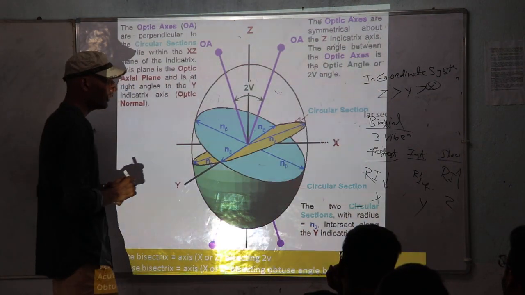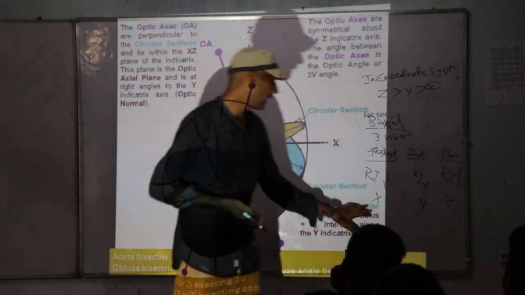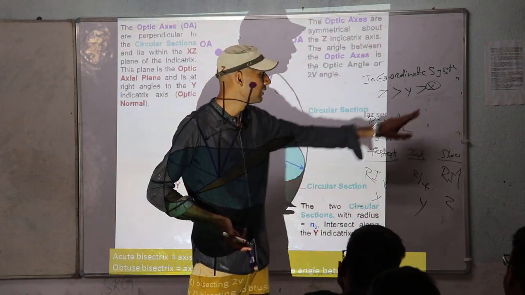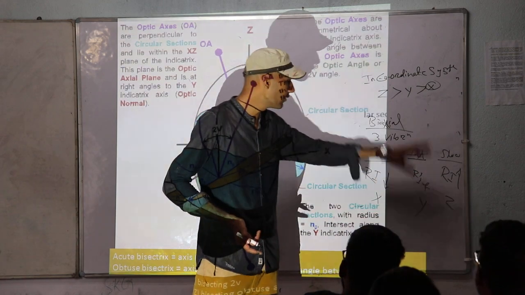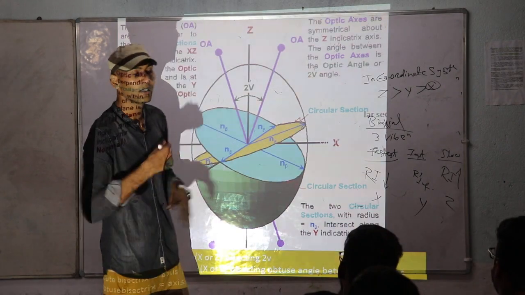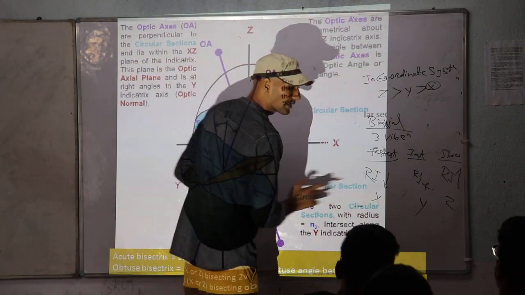So if we are drawing the indicatrix between X vibration, Y vibration, and Z vibration, you have to represent X vibration in the X coordinate, Y in the Y coordinate, Z in the Z coordinate. Z is the longest and X is the shortest, but considering velocity, X is the fastest.